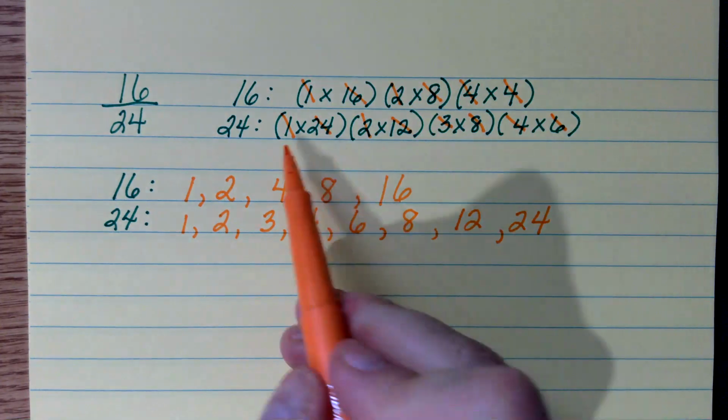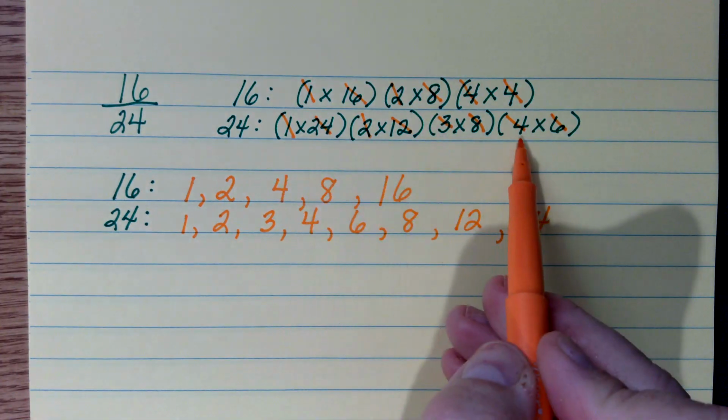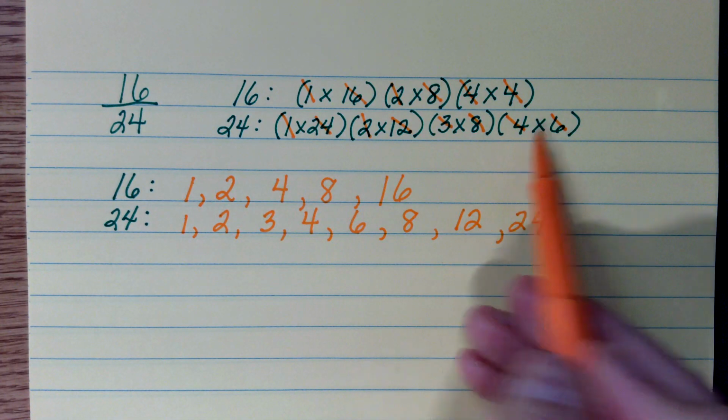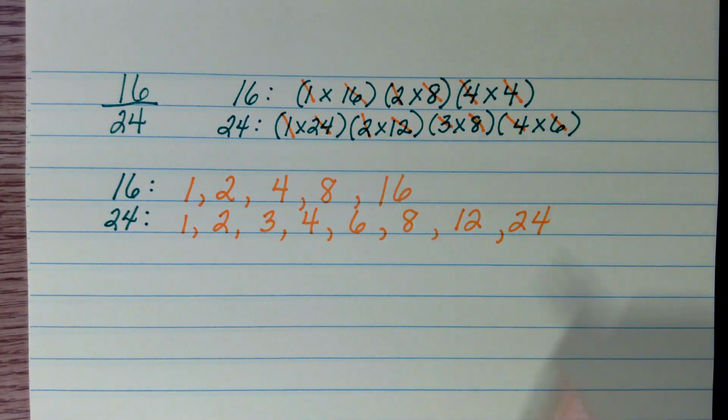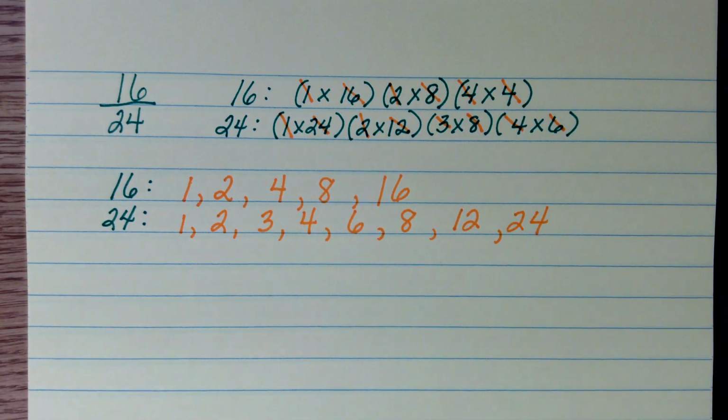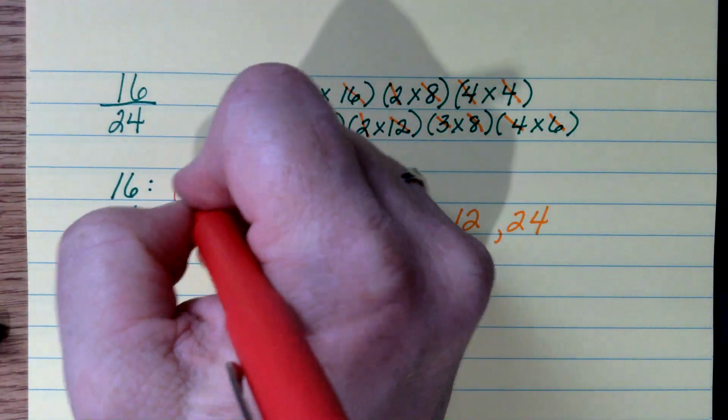And you may notice as I went up, my factors increased. And then when I changed directions, I was able to go down for those factors to show the greatest factor was 24.